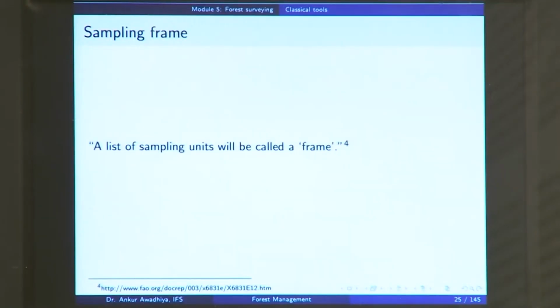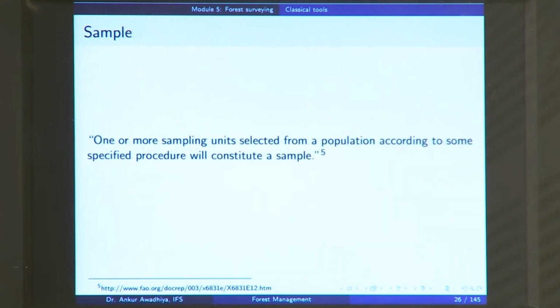And then if you make a list of these sampling units, you call it a frame. So, in this case the frame will comprise the list from 1 to 100,000 of each and every one of these sampling units. Now, out of this frame we choose one or more sampling units according to a certain procedure, and we call it a sample.